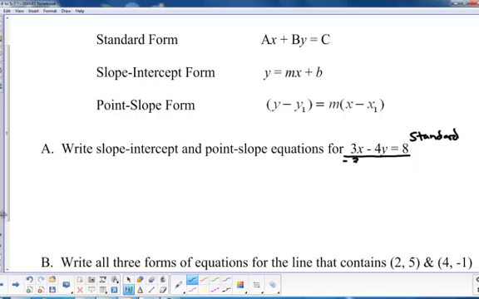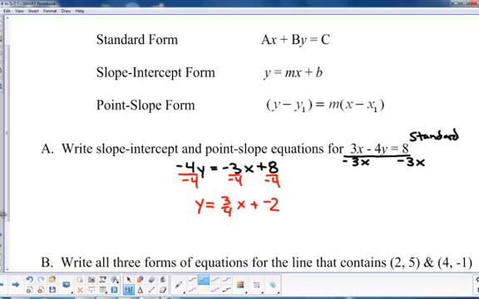So we're going to subtract 3x. Negative 4y equals negative 3x plus 8. And then we're going to divide by negative 4. So y equals negative, over a negative is a positive, so 3/4 x plus negative 2.